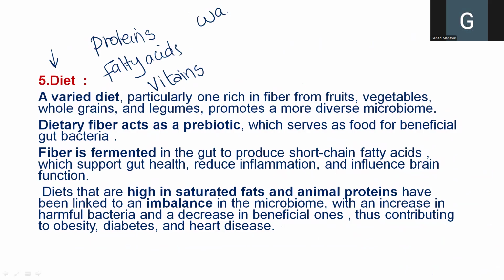Your cells need water, of course, because the water represents a good deal of the cytosol and of the organelles. Your cells also need glucose and some carbohydrates to get energy. So a varied diet or a diversified diet would be a healthy diet.